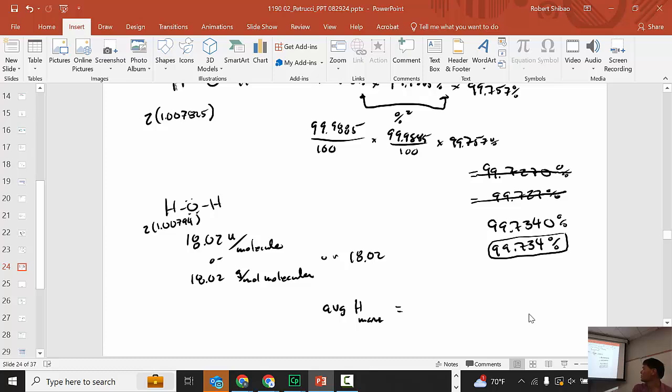is equal to the percent abundance of H1. The percent abundance, I'm going to write that in fractional form. This is also dimensional analysis. 99.9885 out of 100 is H1. H1 weighs 1.007825 plus 0.0115 out of 100 is going to weigh twice as much, roughly.